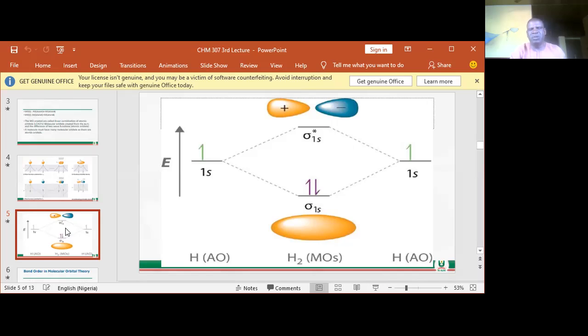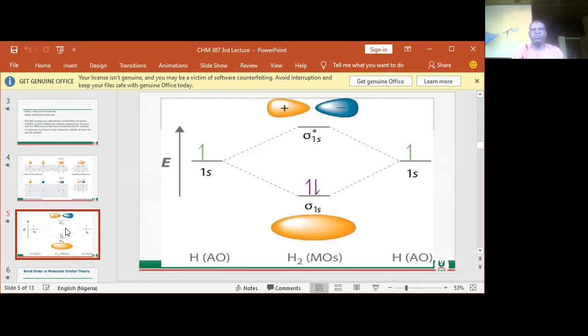The bonding molecular orbital is lower in energy than the atomic orbitals. That is the one you see below. Now, the antibonding molecular orbitals, which are higher in energy than the atomic orbitals, are the ones found above. The molecular orbitals are sigma 1s. The antibonding molecular orbitals are sigma star 1s.